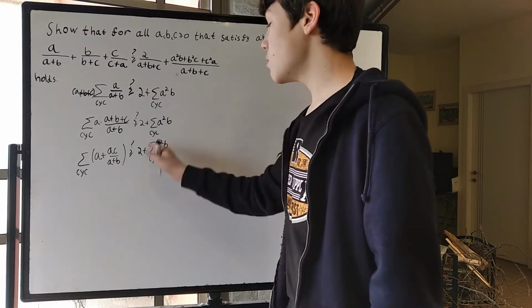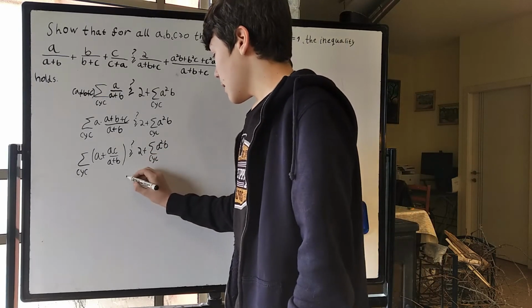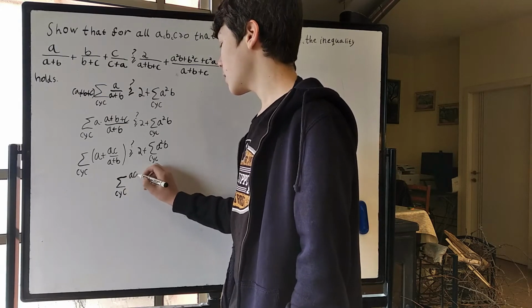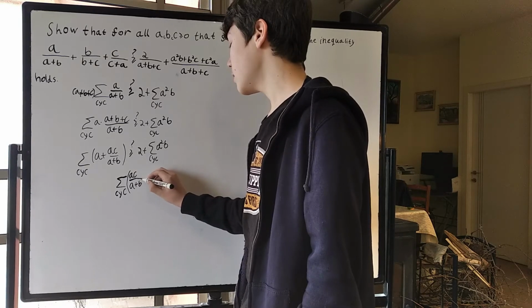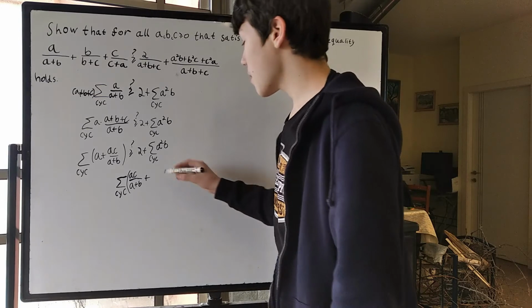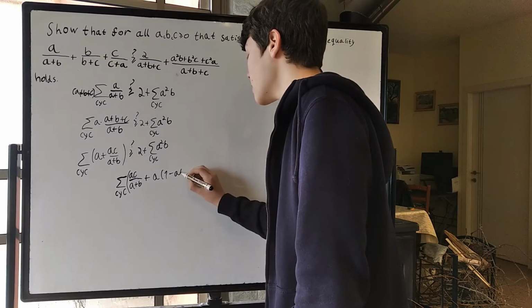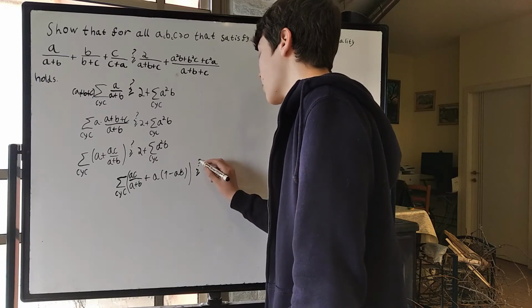So now I'm going to move this to the other side, and we'll get the cyclic sum of AC over A plus B plus, now I'm already going to factor out A, and we'll end up with A times 1 minus AB. And is that bigger than or equal to 2?